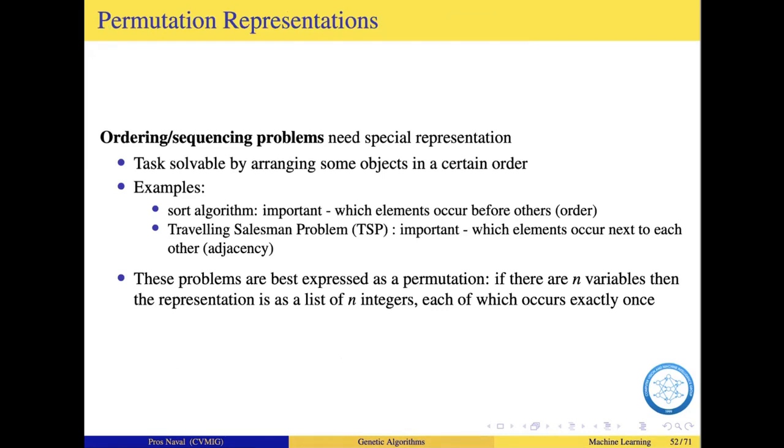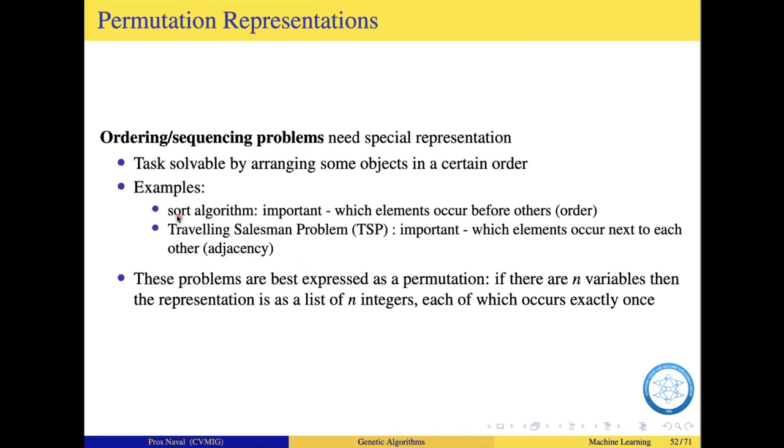Now, how do you represent permutations? Ordering and sequencing problems need special representation. Normally these tasks are solvable by arranging some objects in a certain order. For example, you have your sort algorithm. It's important because we would like to know which elements occur first before others. So there's an ordering here.